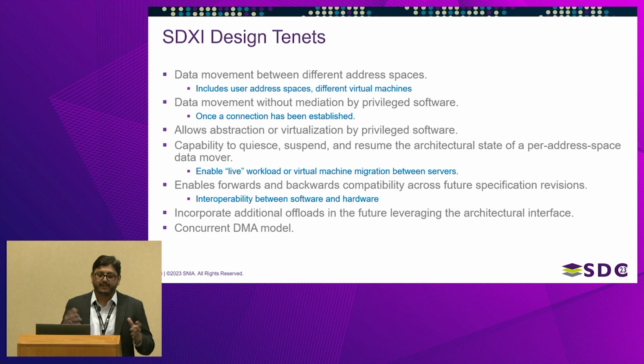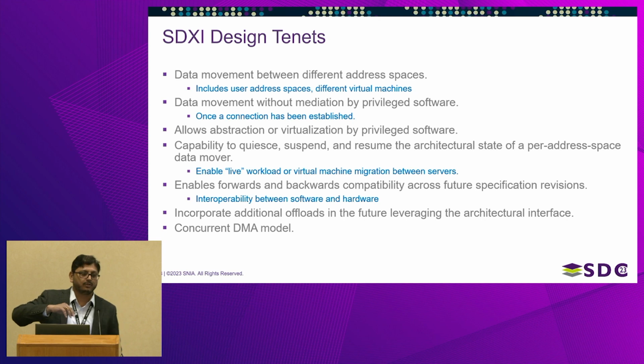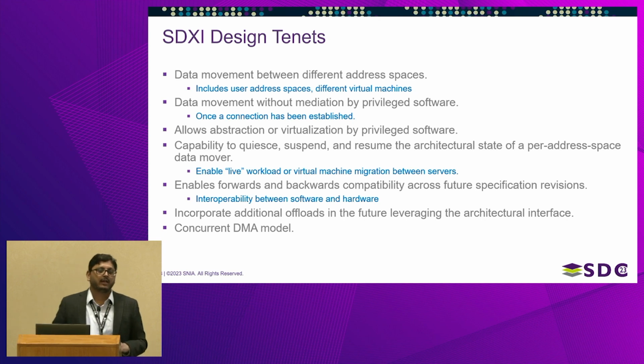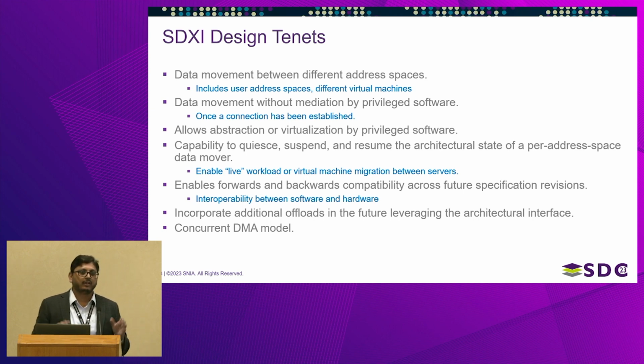You can also quiesce or suspend or resume the state of this data mover. And that's very important, because when you're trying to use an accelerator, someone may say, I want to move this work to some other host that may have the accelerator or may not have the accelerator. How do I stop this work in a predictable way with architected states before I move into the next server?